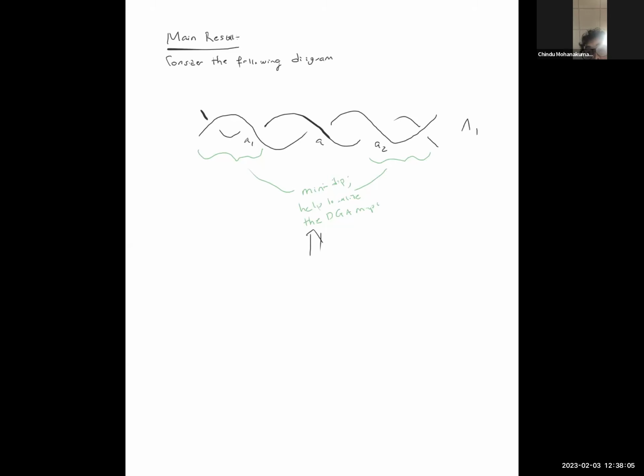So technically my cobordism is going to it. And then at the other end is this. Okay. So my cobordism is just adding a strip that looks like this. Okay, so that's how I get from lambda minus to lambda plus.